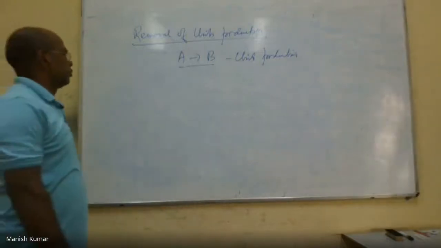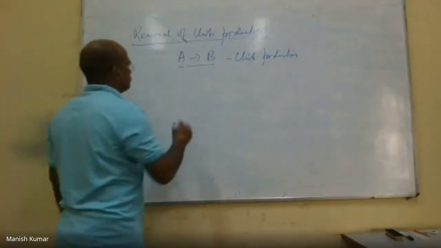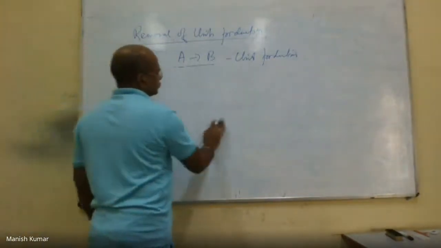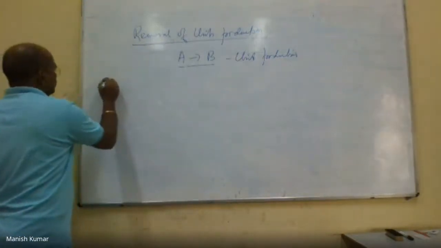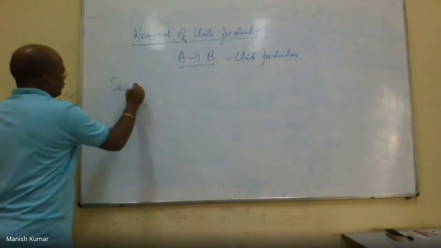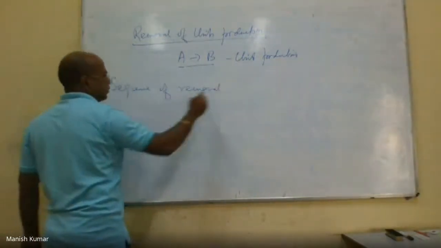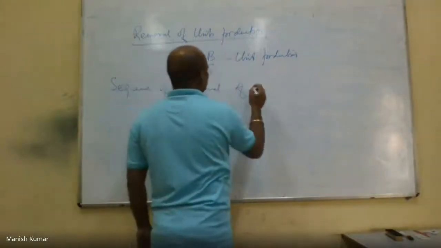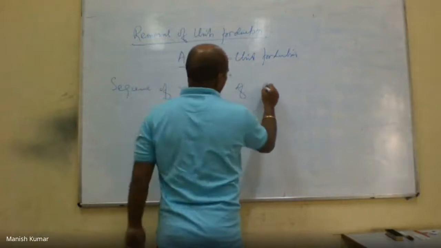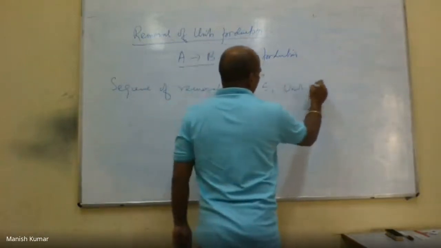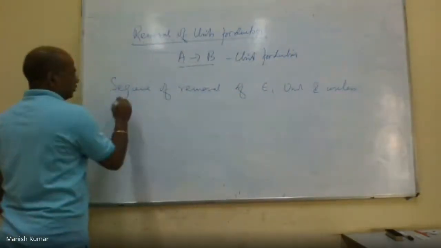Suppose what you do is a sequence of removal of epsilon, unit, and useless symbols. The order is a concern.